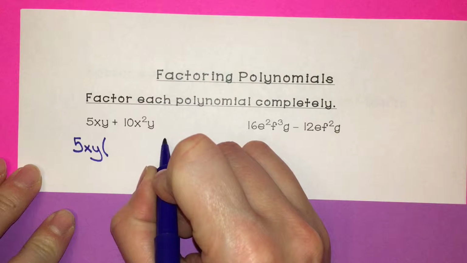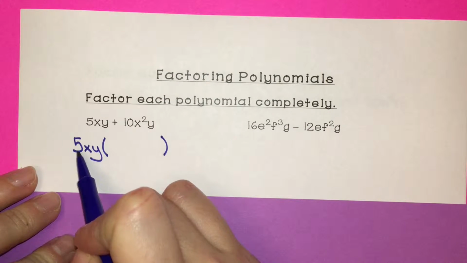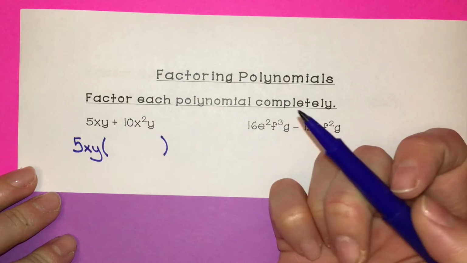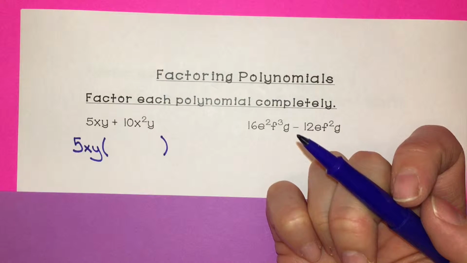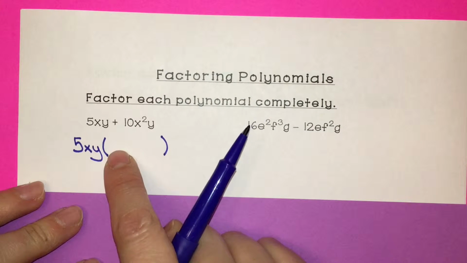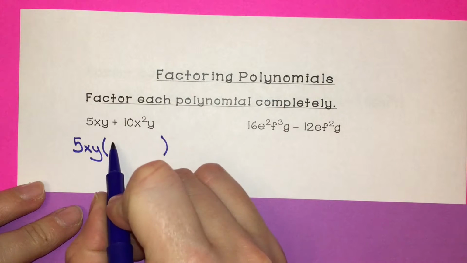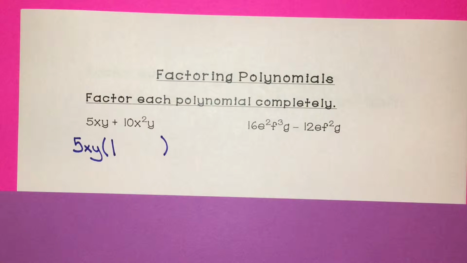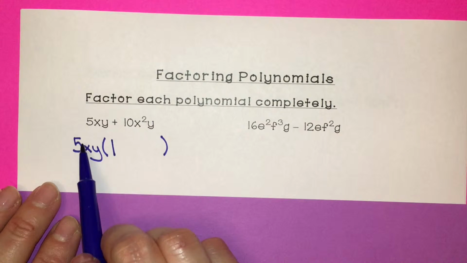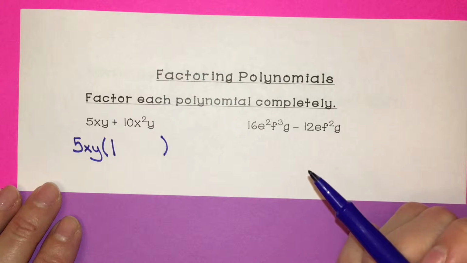Okay, I'm going to multiply it by what's left over. When I factor out 5xy from 5xy, nothing's left over, but I have to multiply 5xy times something to end up with 5xy, which would be times 1. Anytime you factor out the entire thing, you leave 1 there, because if you re-multiply, 5xy times 1 is still 5xy.